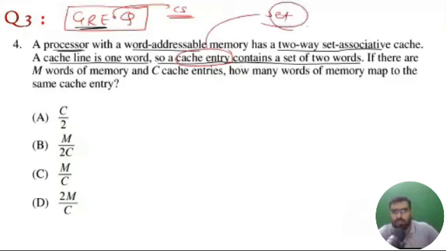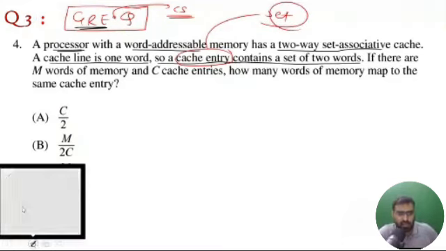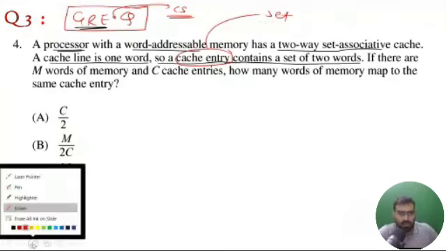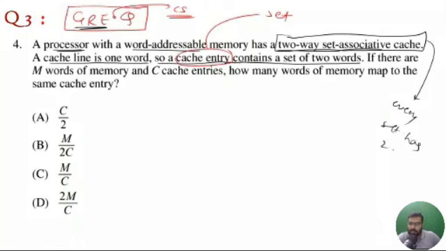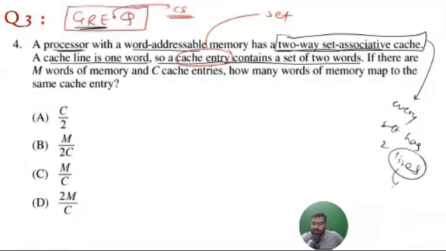In this, every set has two lines, and every line has one word. So every set has two words. Correct? So when you read the question carefully, you can understand that this cache entry means set.